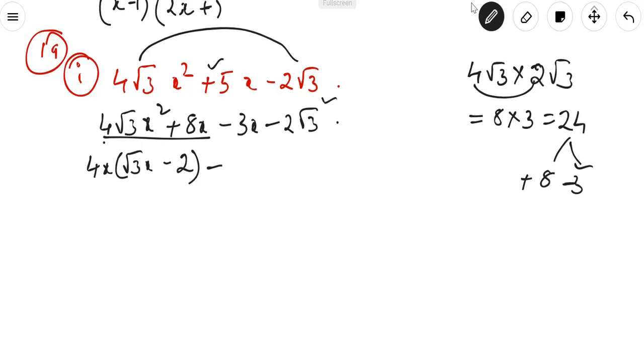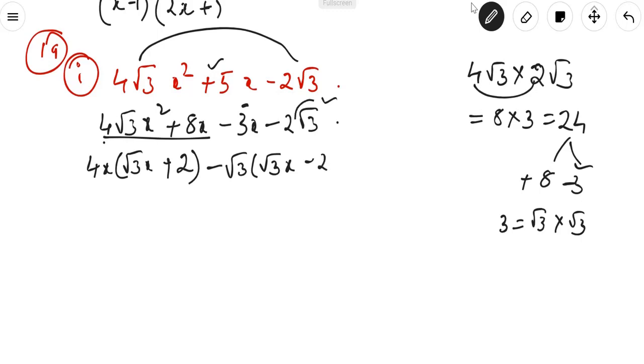Okay, now as I have root 3 here, how can I write 3? I can write 3 as root 3 into root 3. So in this I'm going to take root 3 outside. Root 3 if I take it outside, this is plus, so this becomes x. What is left? Root 3 is left, root 3 into x minus 2.